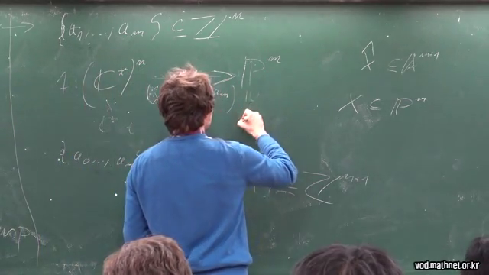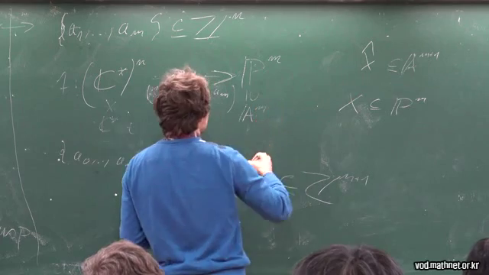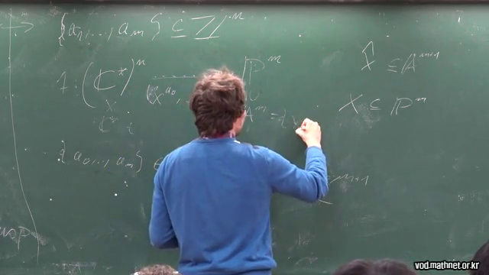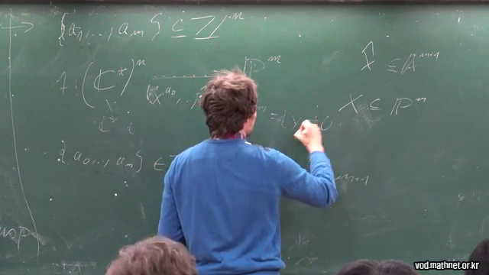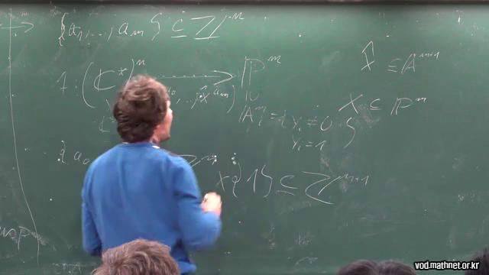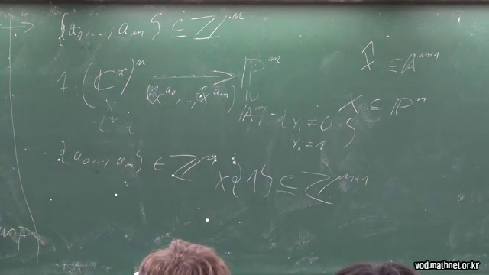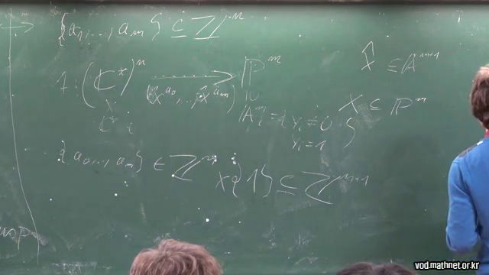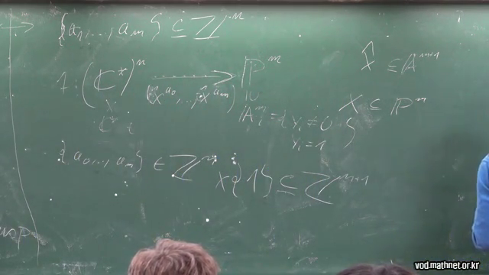There are these affine spaces A^m that are given by the condition that yi is, let's say, non-zero, or yi is equal to 1. Let's call it the ith affine piece. And now you can look at the intersection of X with Ai.